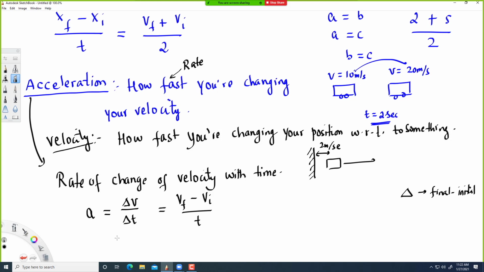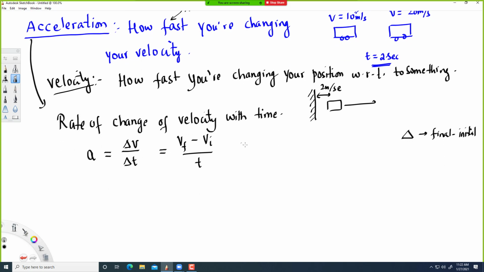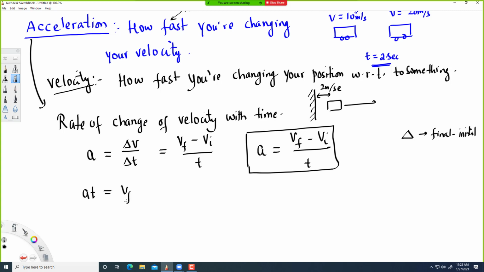This is one of the important equations that we'll be using quite often, so let me put that in a box. Very important equation. I can also rearrange this to write it in a slightly different way. Moving this t to the left side, I can write AT is equal to V final minus V initial.